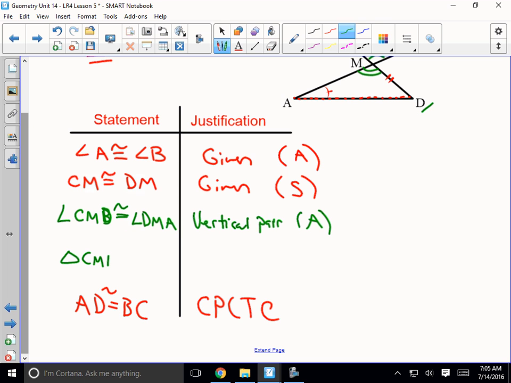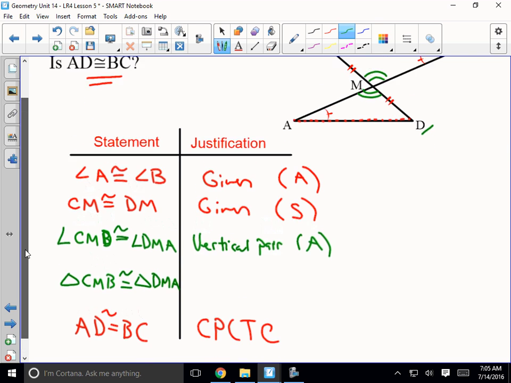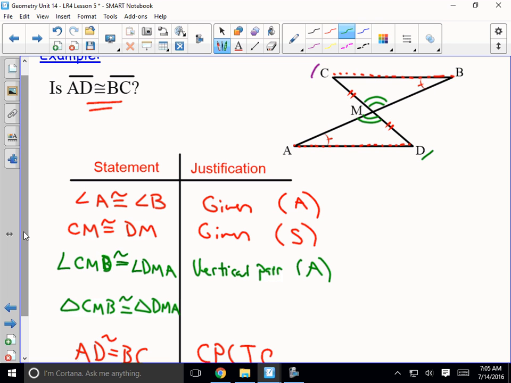We have to always look and see, how do we know that these 2 triangles, and I'm just going to use the exact same names here, triangle CMB, how do we know that that triangle is congruent to triangle DMA? What we're looking at is where are the pieces that we're given. Once again, we've got an angle and a side. If I go this way around the triangle, I've got an angle and a side, but now I'm skipping an angle, skipping a side to get to this angle.